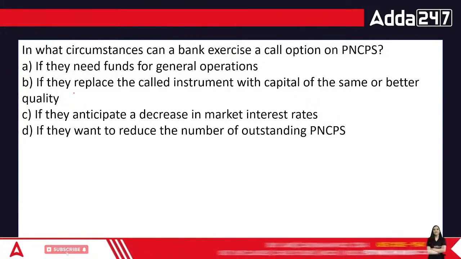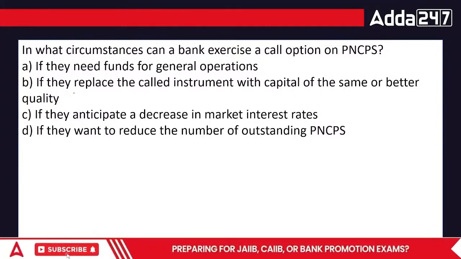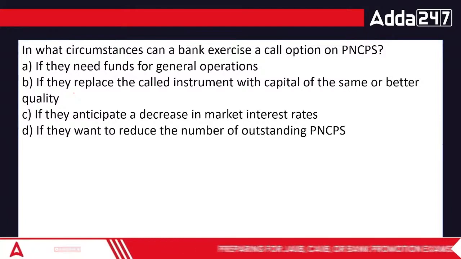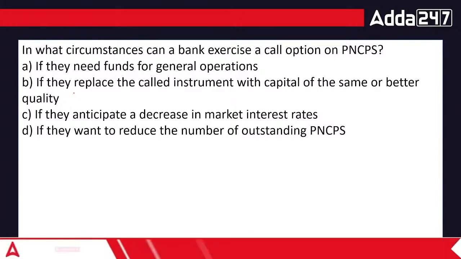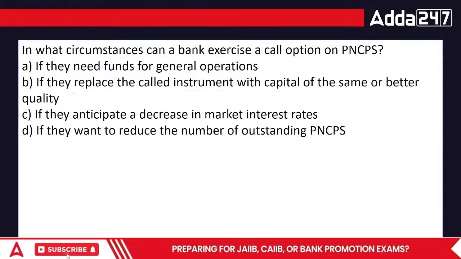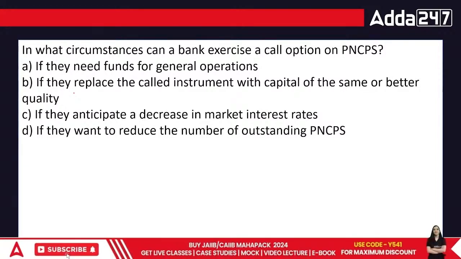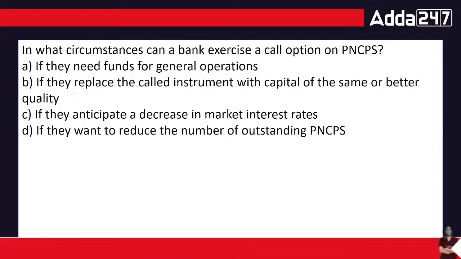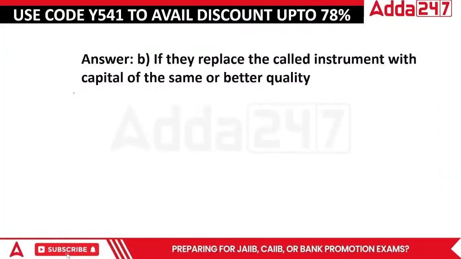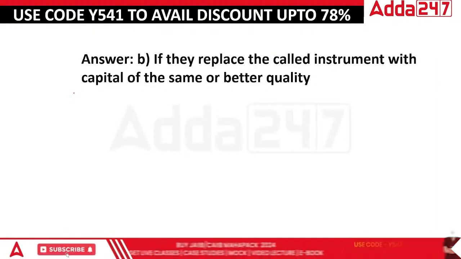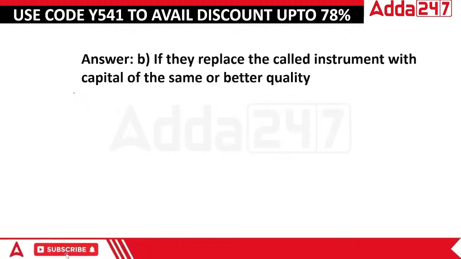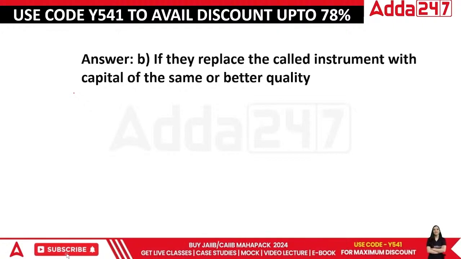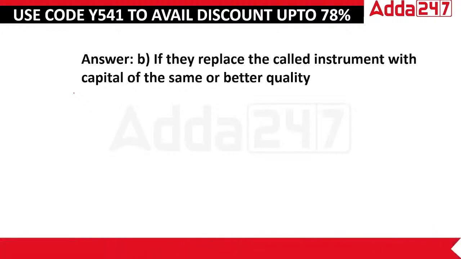If they need funds in general options, if they replace the instrument with something better, or if they anticipate a decrease in market interest rates, and the last one is if they want to reduce the number of outstanding PNCPS. This is basically done because they want to replace with something better. Perpetual means it's going to stay forever. Okay? So in this case, the answer is B.